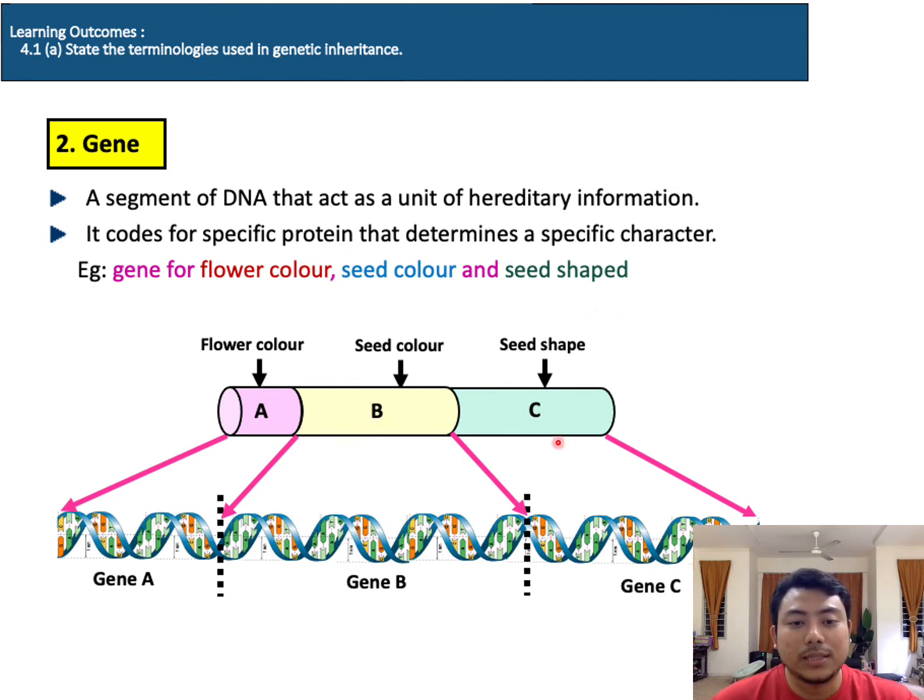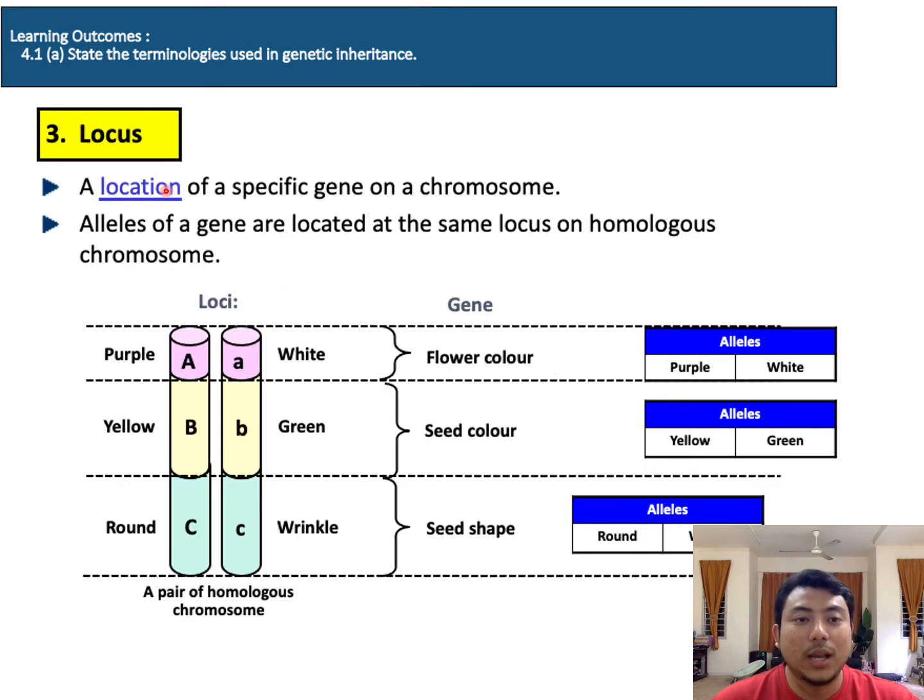Okay, so we can see we have gene A, gene B, and gene C inside the chromosome. Let's say gene A determines flower color, gene B will determine the seed color, whereas gene C will determine the seed shape. Okay, locus, location. A location of a specific gene on a chromosome. Alleles of a gene are located on the same locus on homologous chromosomes. What does it mean?